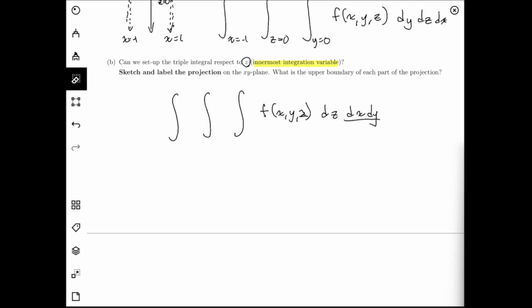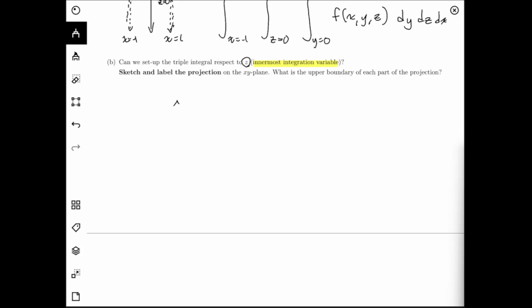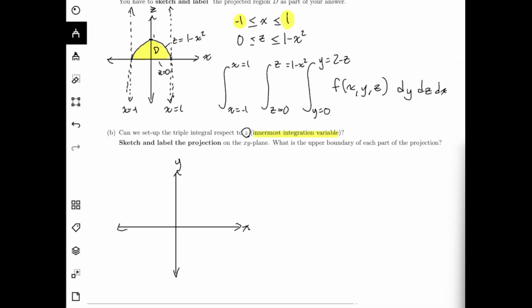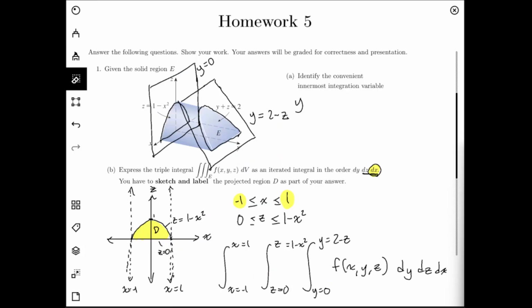So let's go ahead and sketch that. x, y axis. All right. Let's go back and refer back up to our graph up here.